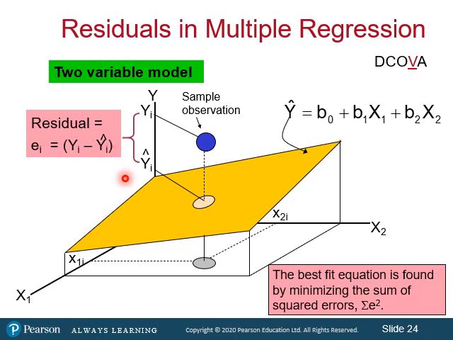So you can have the residual as negative, 0, or positive. The best fit equation is found by minimizing the sum of squared errors. You square all these errors, and the line which minimizes this error will be the best regression equation that we find. That's how we will interpret the model.